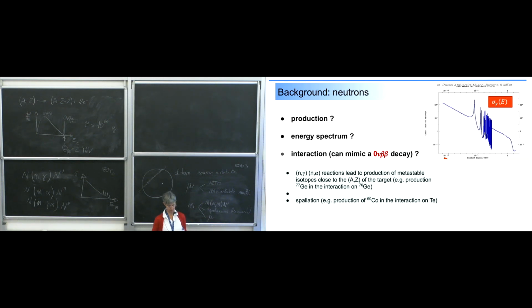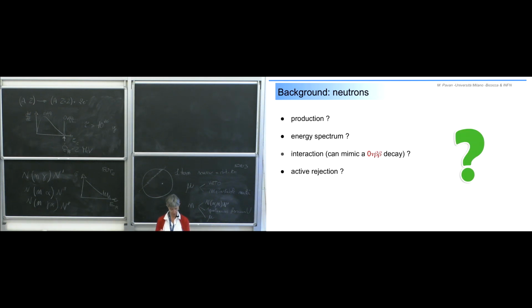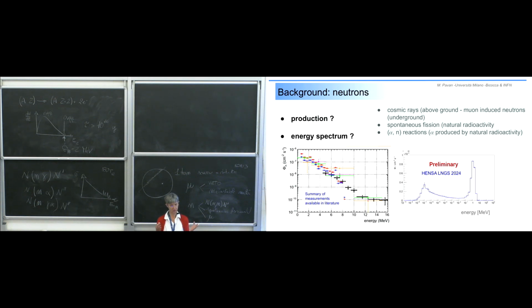You simulate the flux. When you design a double beta decay experiment, as in the case of most experiments, Monte Carlo simulations are quite important. So you need input for the simulation that is the neutron flux. Okay, you introduce the geometry of your apparatus in the simulation.